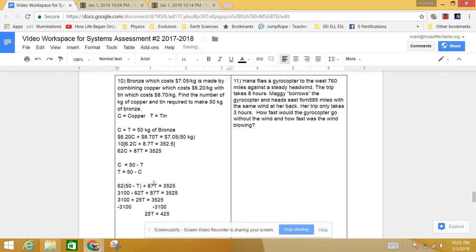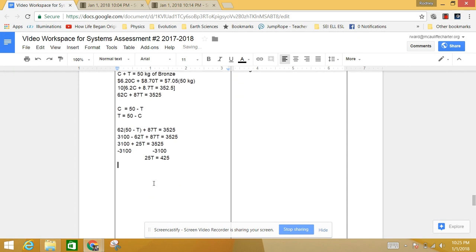All right. I'm going to divide both sides by 25. And I've got now t by itself. And 425, if I have $4.25 in quarters, I have 17 quarters. So t equals 17.